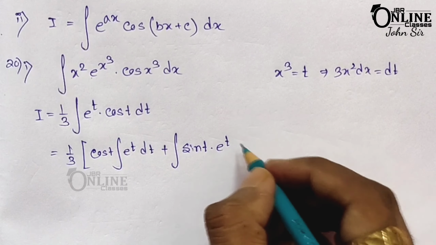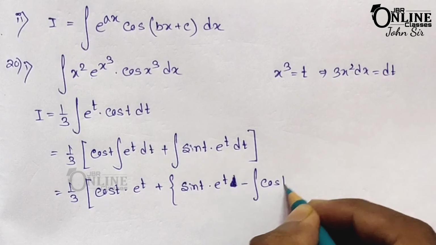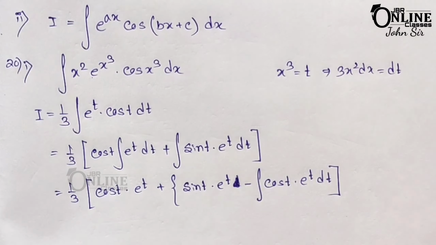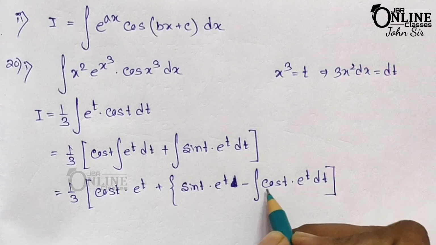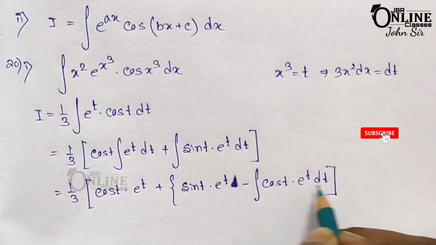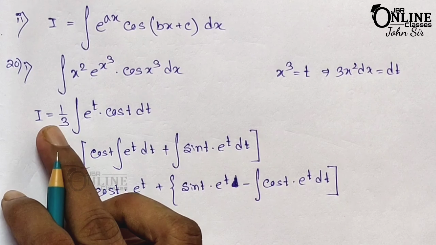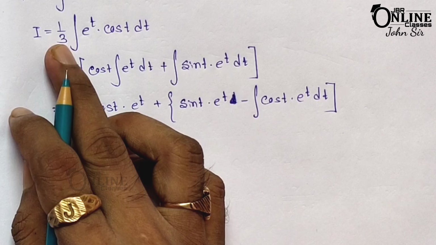So next 1 by 3 and this one will be cos t e to the power t plus, now here again sin t first write down, then integration e to the power t, and then next minus integration. Now d/dx of sin t equals cos t, and integration e to the power t equals e to the power t, so dt. Okay, so now this one here cos t into e to the power t dt equals I, okay, remember that.